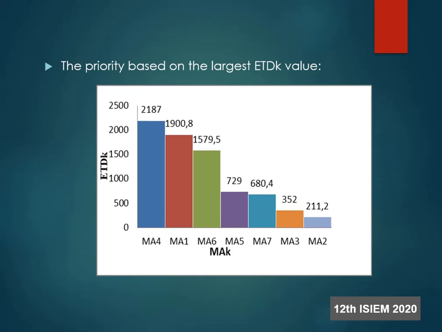From this graph, it is seen that mitigation action 4, MA4, has an ETDK value of 2,157, and MA1, mitigation action 1, has an ETDK value of 1,900.